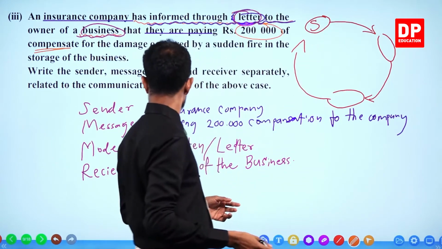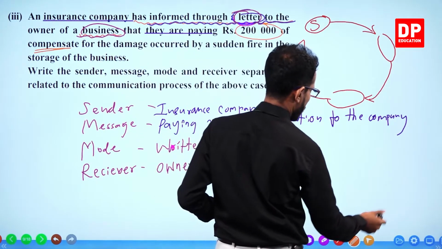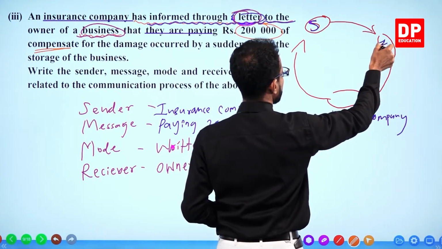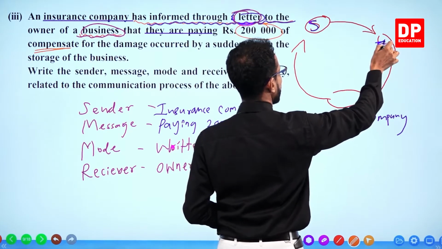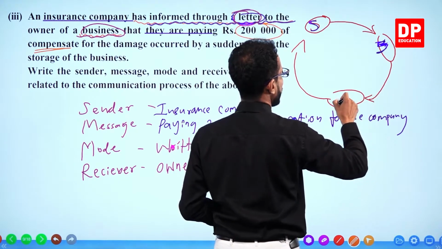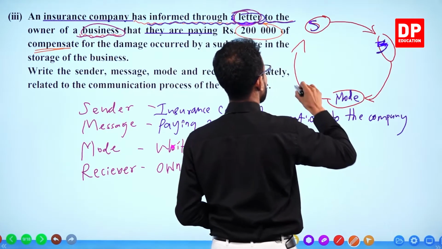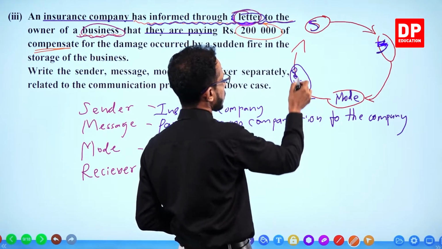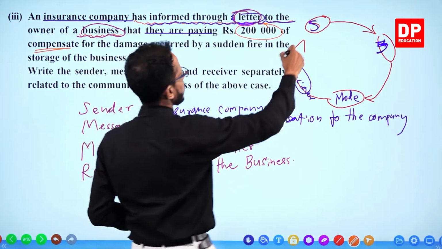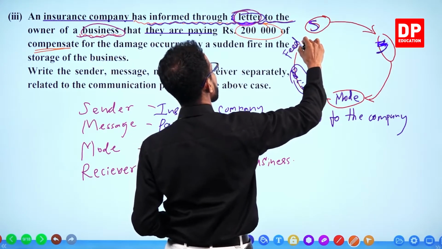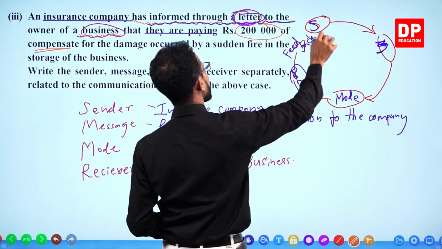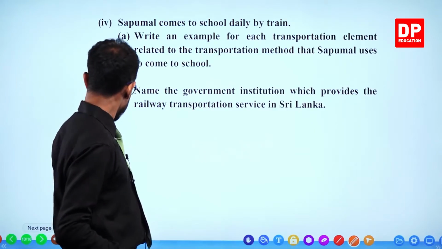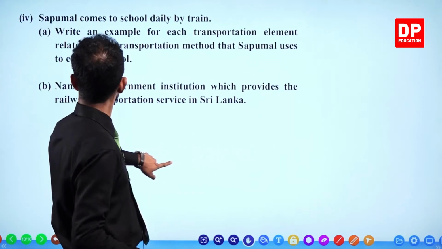Sender, message, mode, receiver. Yeah, and feedback. Remember? Last part of the third question.